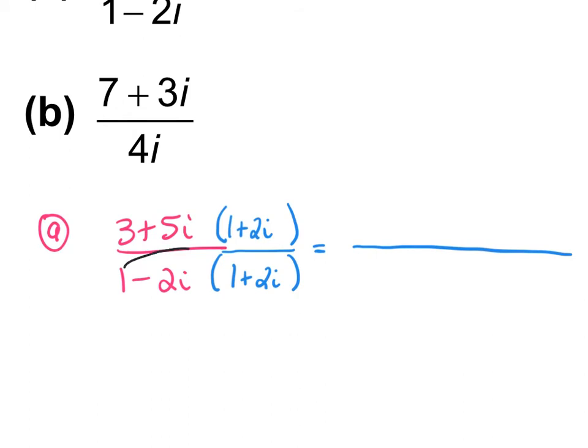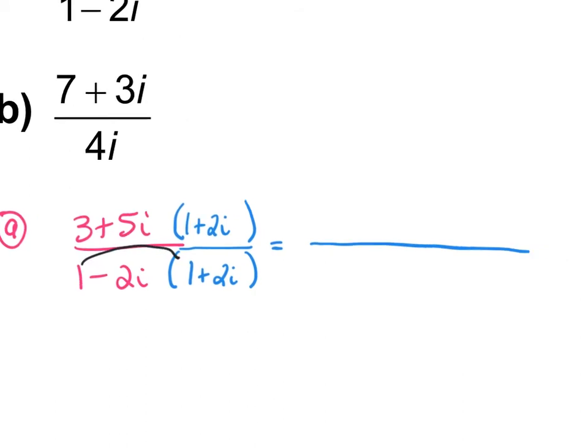What is 1 times 1? 1. What is 1 times 2i? 2i. What's negative 2i times 1? -2i. And then what is negative 2i times a positive 2i? -4i squared.